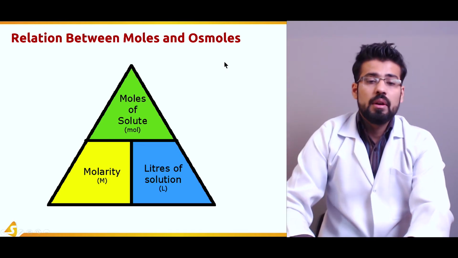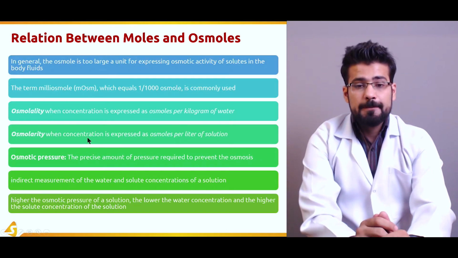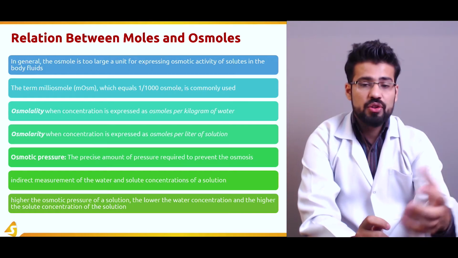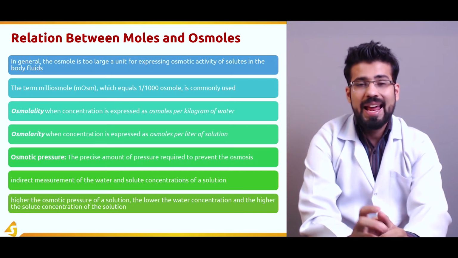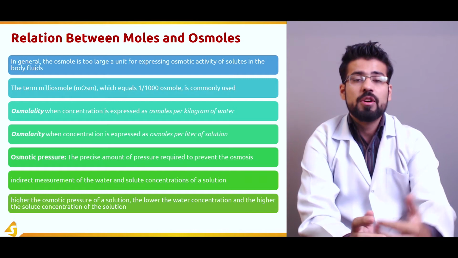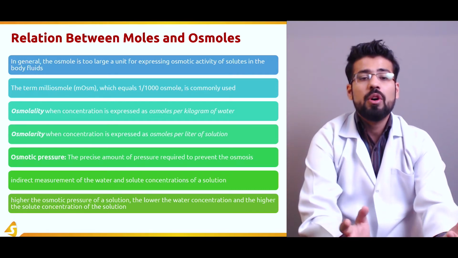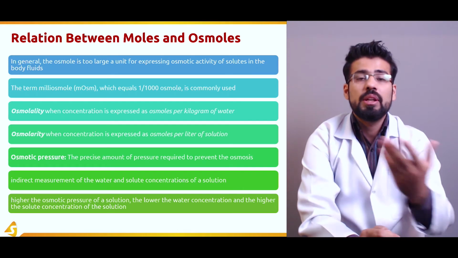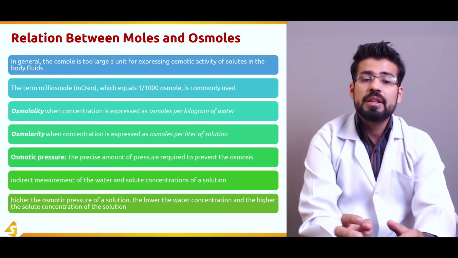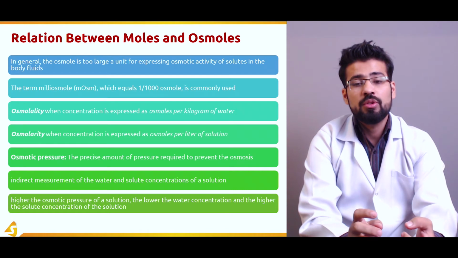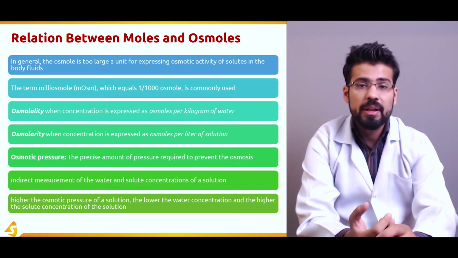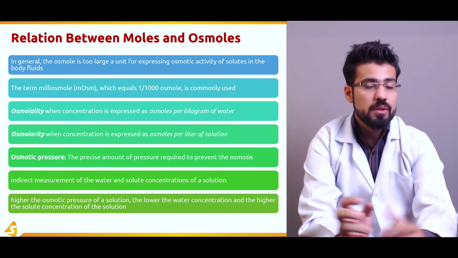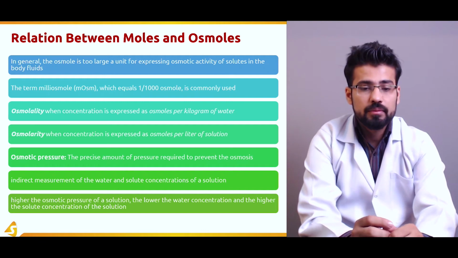So in general, the osmole is a much larger unit for expressing the osmotic activity, and you can't explain the activity in terms of osmoles, because it would be around 0.0003 osmoles, let's say. So the term milliosmole has been coined, which equals 1/1000 of an osmole, and is commonly used.